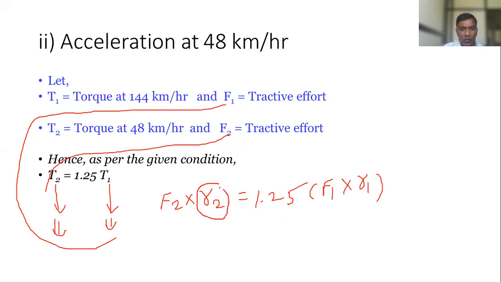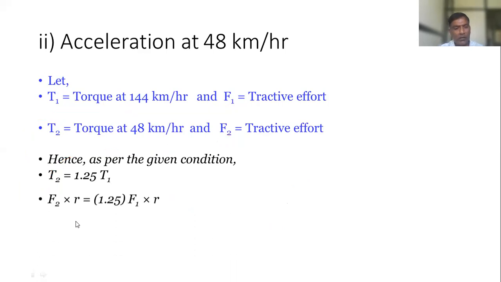So this R1 and this R2 are equal, there is no change in the radius of the wheel. So accordingly, we can write next line: F2 into R. This is also you can write R1, R2 that we have mentioned, but R1 is equal to R2 is equal to R.